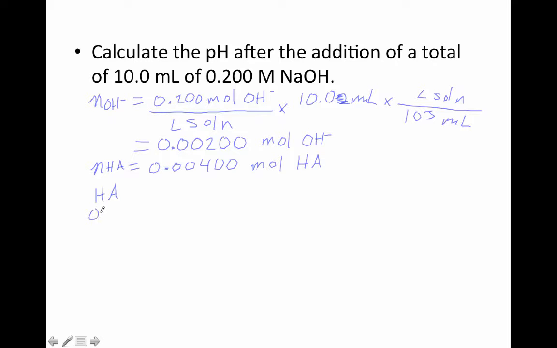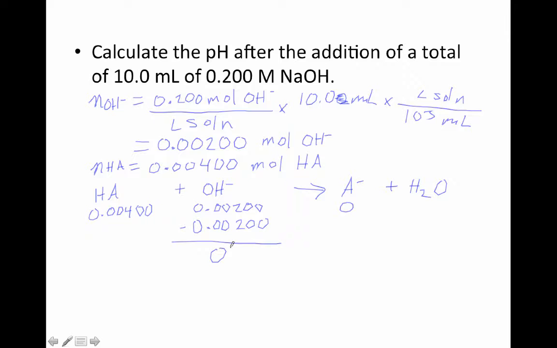We have, at the beginning of the titration, 0.00400 moles of benzoic acid. At this point in the titration, we have added 0.00200 moles of hydroxide, and we had, at the beginning of the titration, a negligible amount of benzoate and lots of water. The hydroxide is a limiting reactant at this point in the calculation, so we will subtract 0.00200, which gives us no hydroxide remaining.